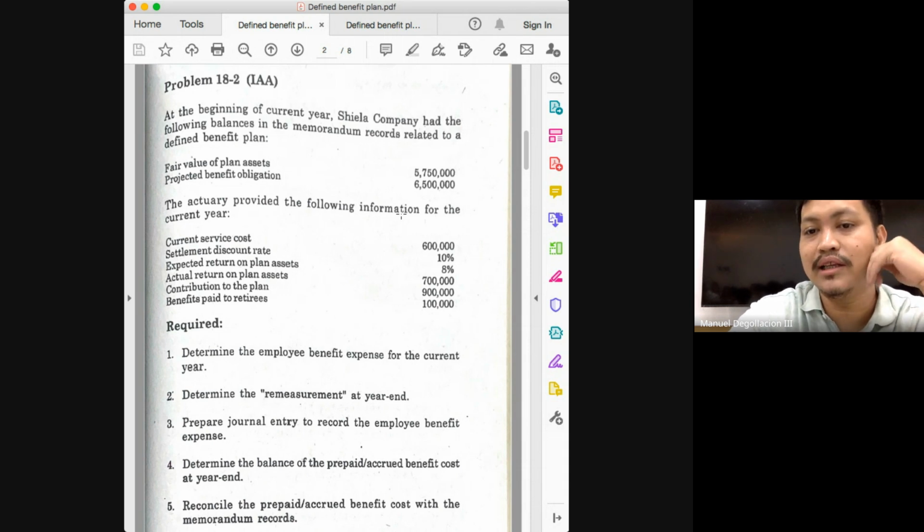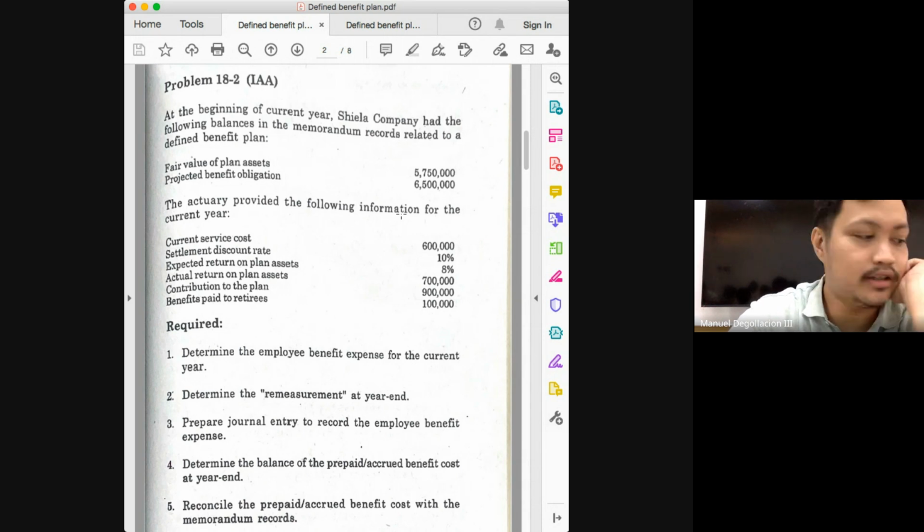But again, we do not expect the problem to give you directly the total service cost and the net interest cost. That's why it's not enough for you to remember service cost and net interest. It's important for you to remember the subcomponents. What are the three subcomponents of your service cost?